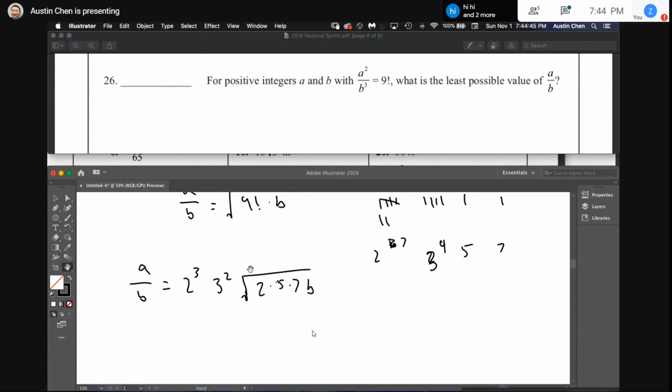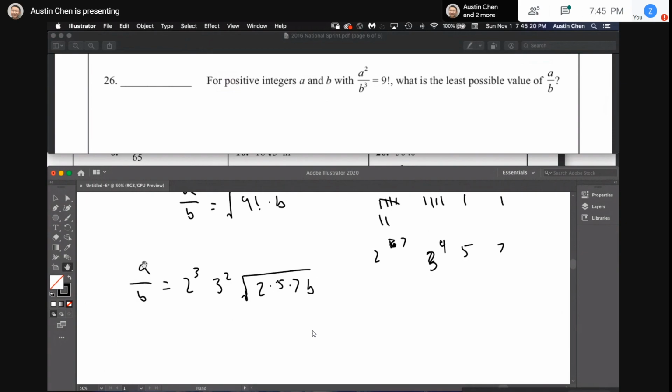And it's going to have more, right? So the stuff that we get out of our radical, we have to get rid of this radical entirely, because we just have positive integers a over b.